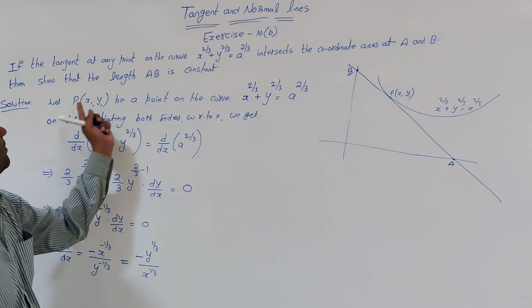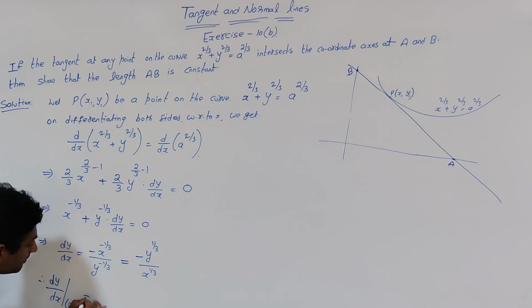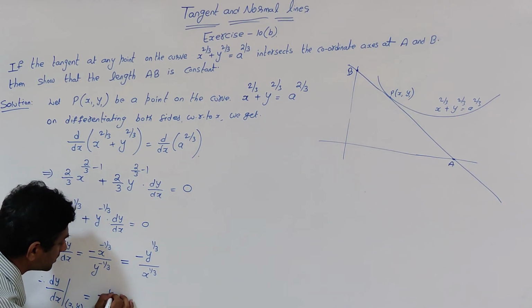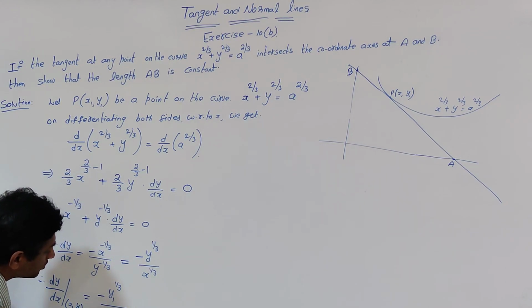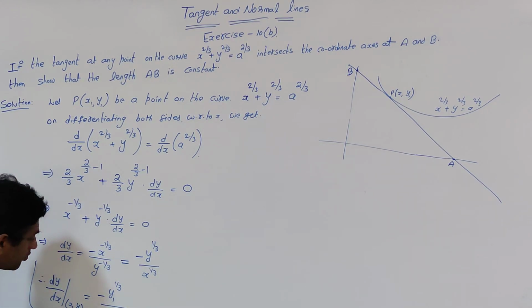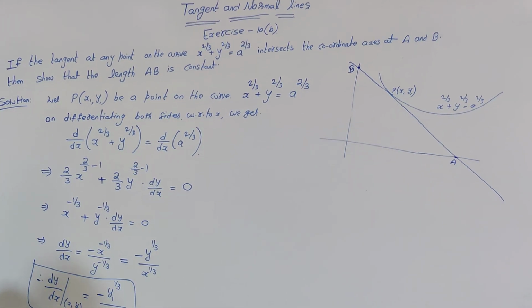At x1 comma y1. So dy by dx at x1 comma y1 will be minus y1 to the power of 1 by 3 by x1 to the power of 1 by 3. So that is the slope of the curve at point x1 comma y1.